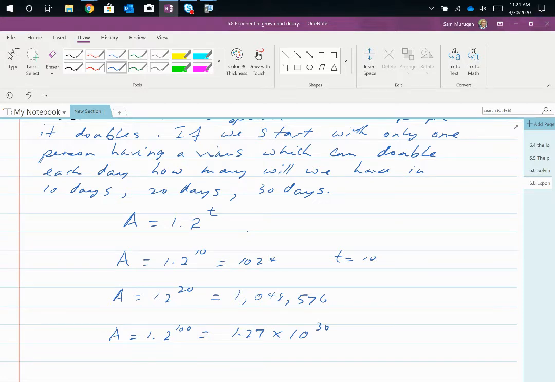So 127 and 28 zeros will be involved there.